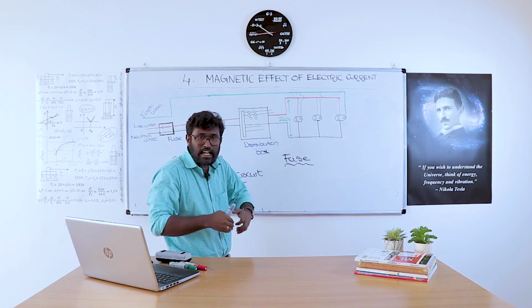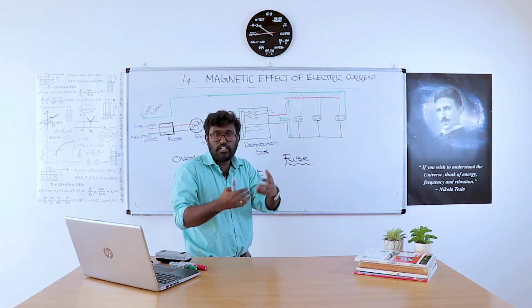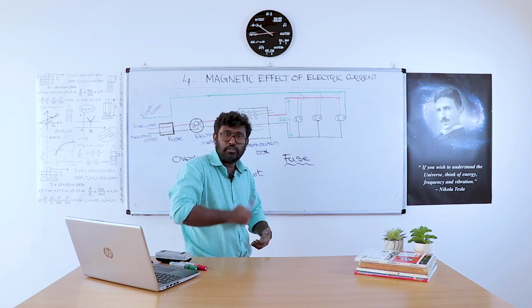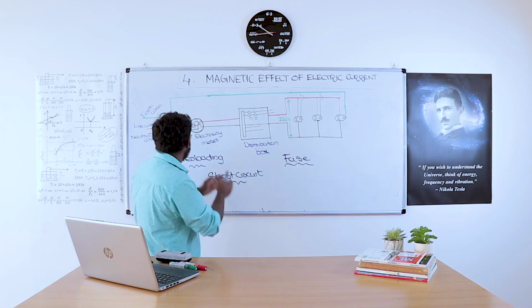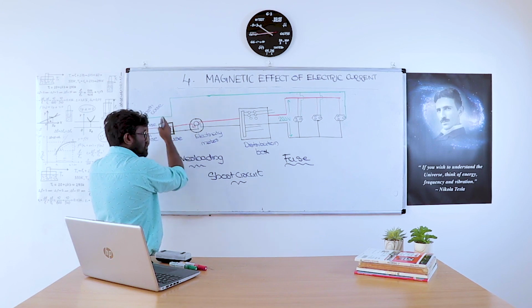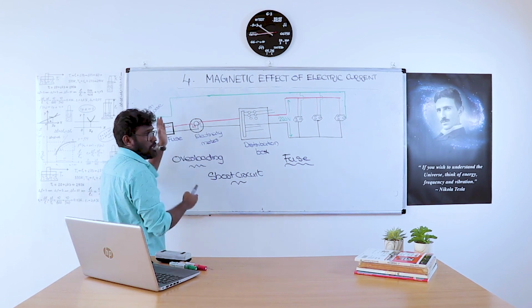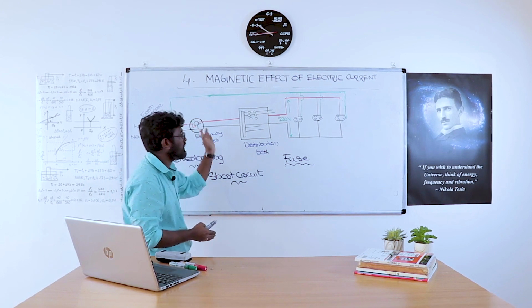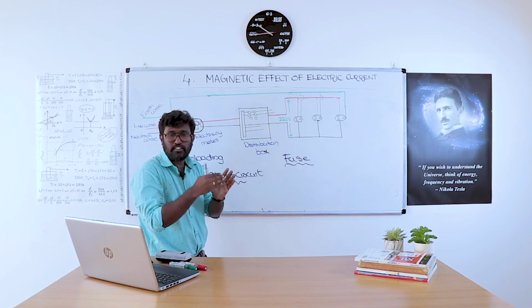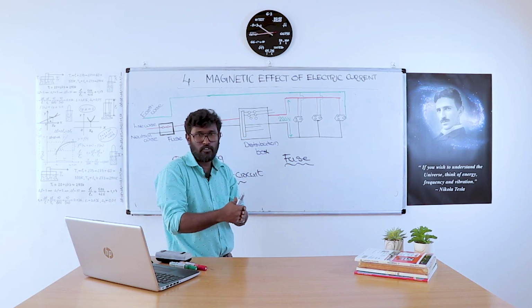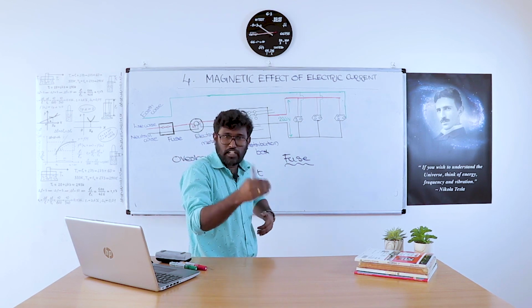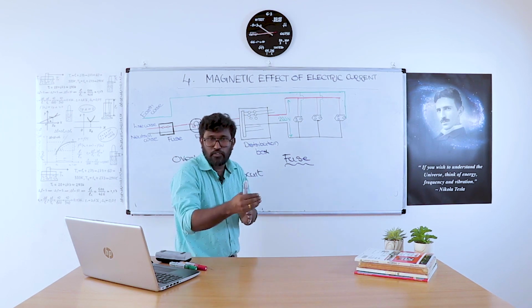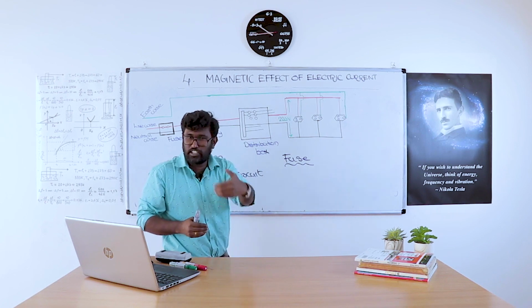If excess current passes through the fuse wire, it heats, and due to the low melting point of the fuse wire, it melts and the circuit breaks from here. If the circuit breaks from here, there will be no current flowing through the electric meter and the appliances. That is why the circuit is protected. So the fuse acts as a protective layer, or otherwise we can say the fuse acts as a protective shield in the circuit.